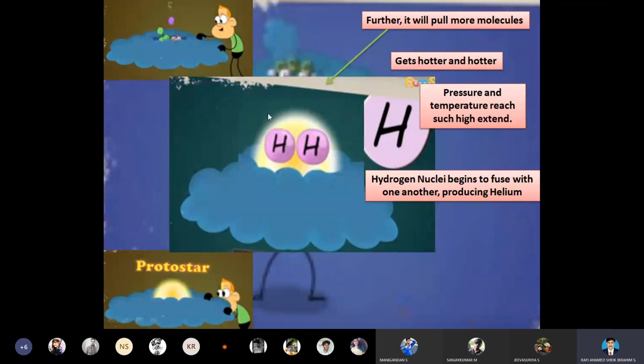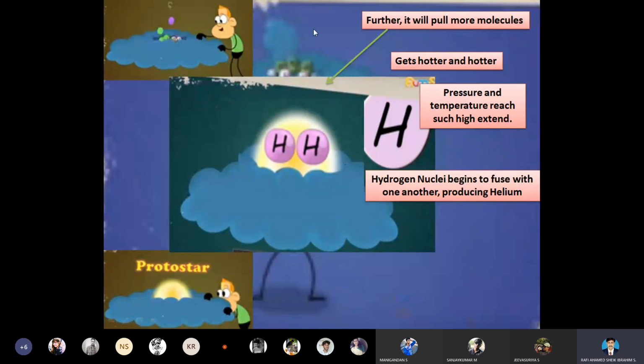Further, this protostar will attract more molecules from the surrounding. Then the protostar gets hotter and hotter.